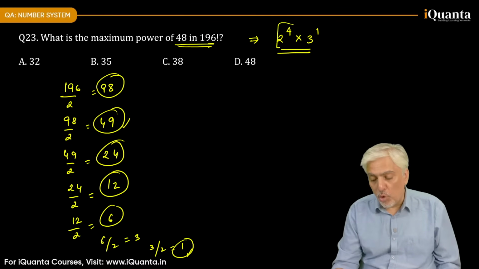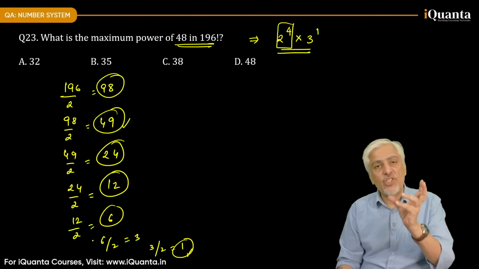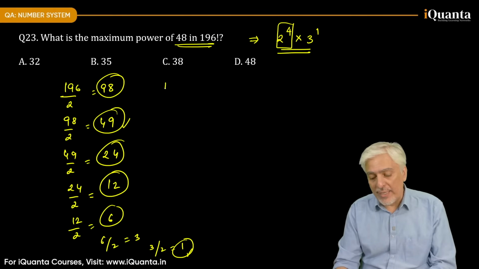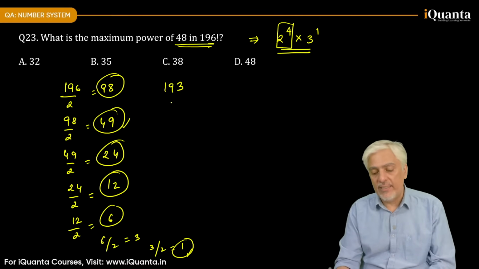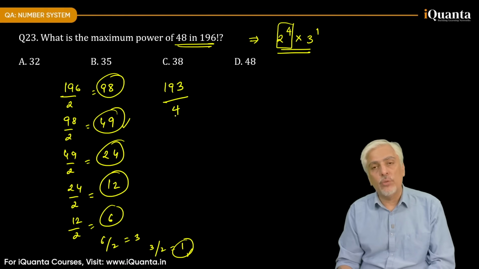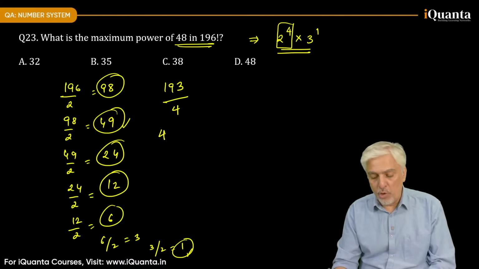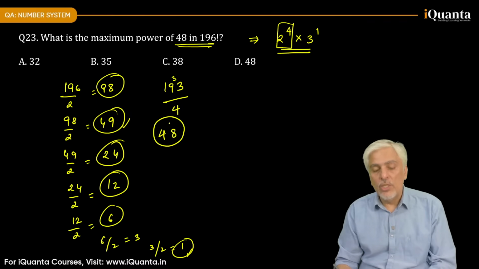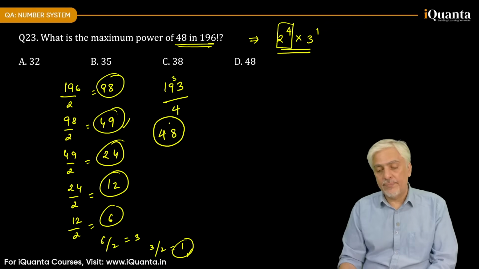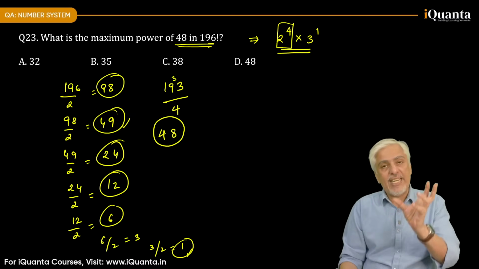Now we want 4 2s. यानी एक 4 का एक पैकेज चाहिए. तो 193 में ऐसे कितने पैकेट्स बनेंगे? 193 डिवाइड बाय 4. 4 4 are 16, 4 8 are 32. So 48 packets banenge. So we'll get 48 packets.